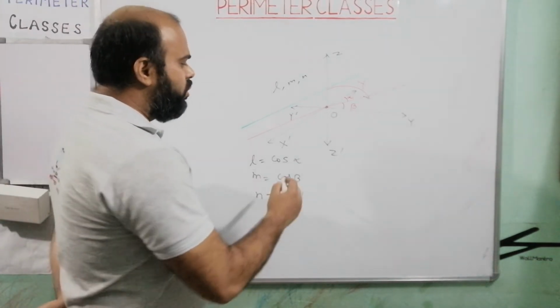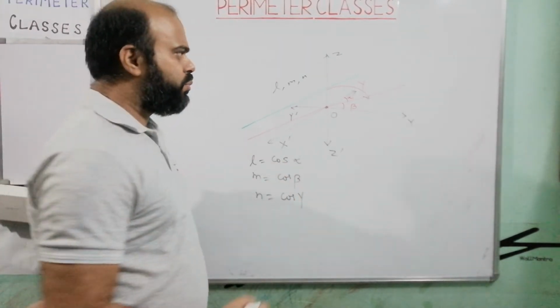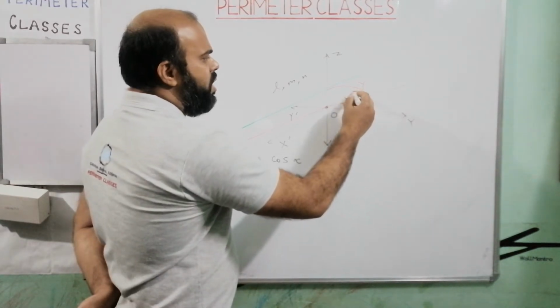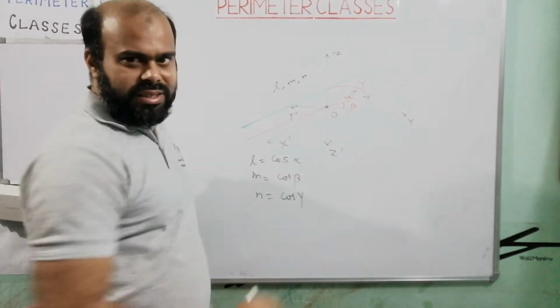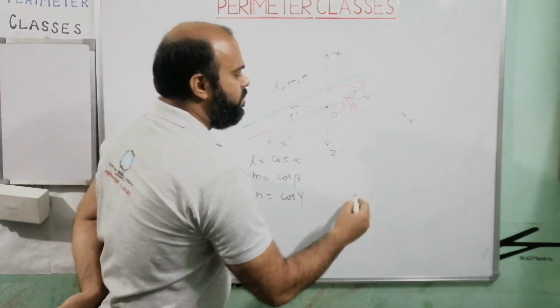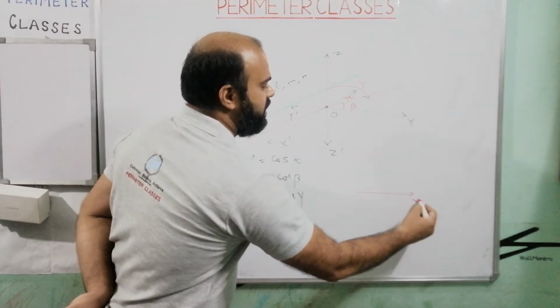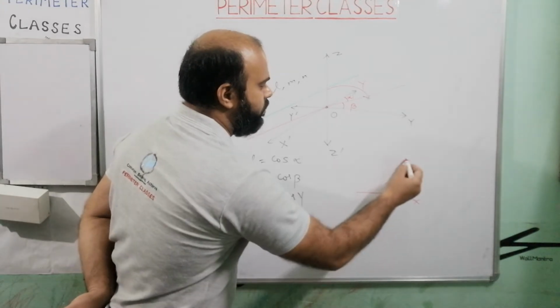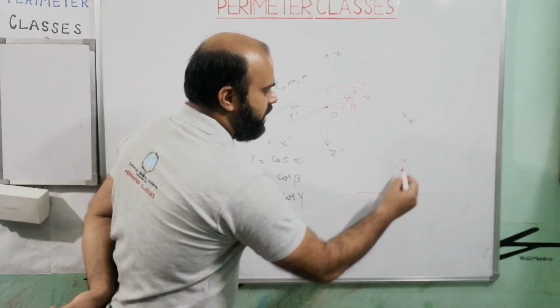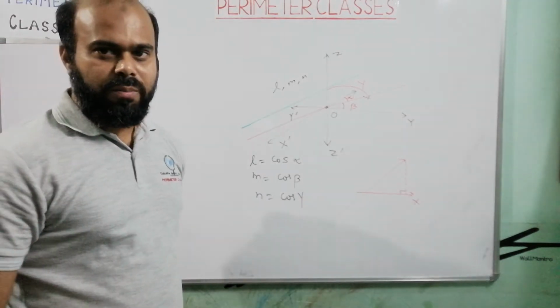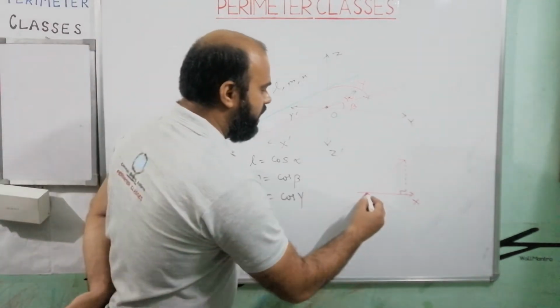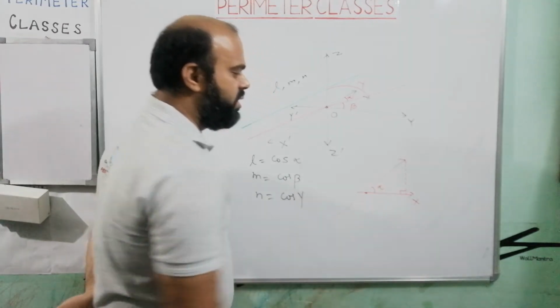Can you tell me what cos alpha is? When you project this line on the x-axis, what do we mean by projecting a line? This is the x-axis and this is a line. When we project this line on the x-axis, we draw a perpendicular from a point on it, and this is the angle alpha.